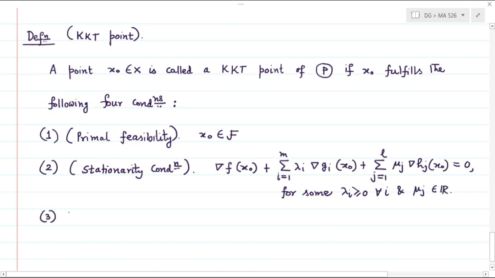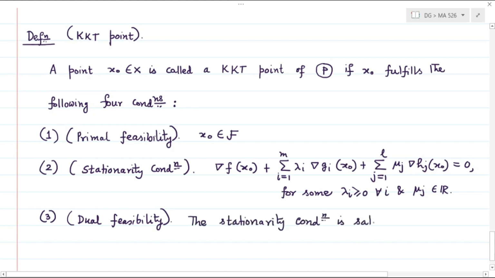And dual feasibility, that the stationarity condition is satisfied for a lambda belonging to R^m_+. That means all the components are non-negative.